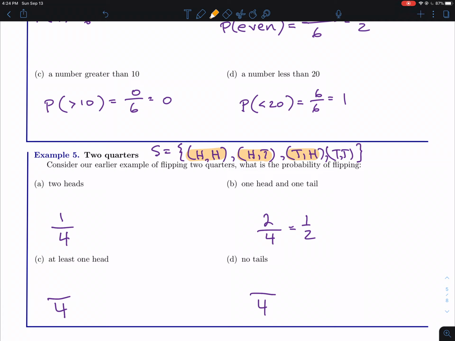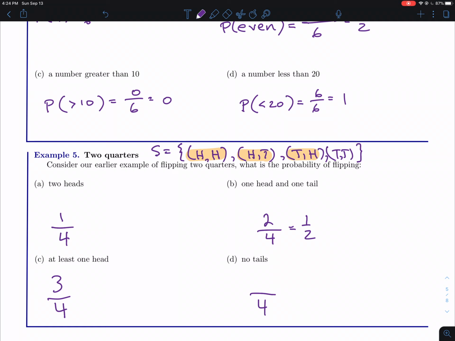So I'm ignoring the 2 tails one at the end. I've got 3 possibilities that have at least 1 head. So I've got 3/4 or a 75% chance of getting at least 1 head.